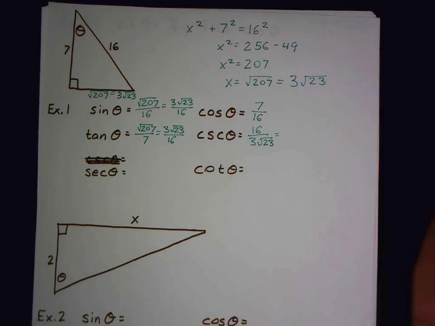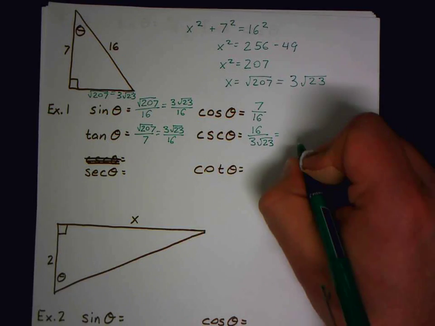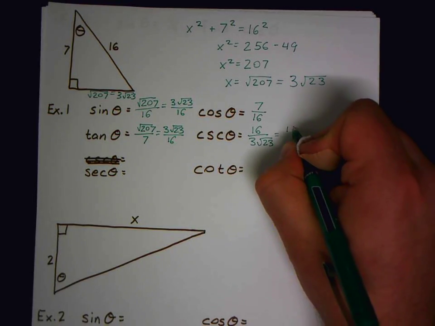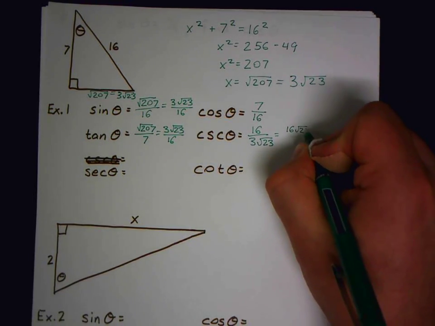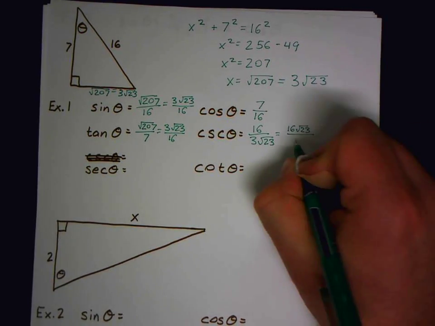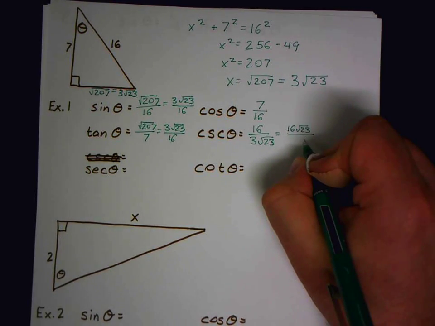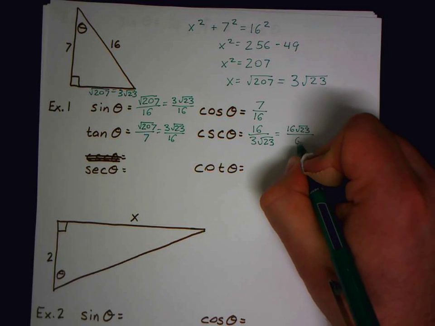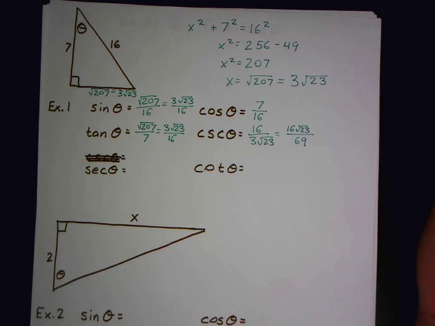Now, I want to simplify that. Let's see, 3 times 23 is 69. Are you guys okay with that simplification, or do you want me to go through it?